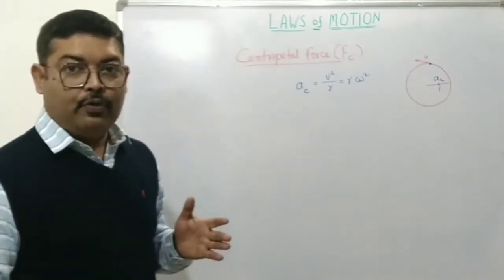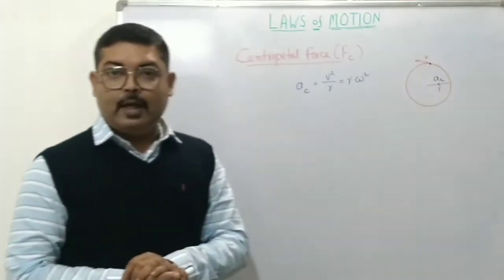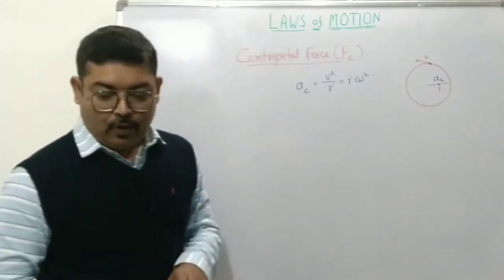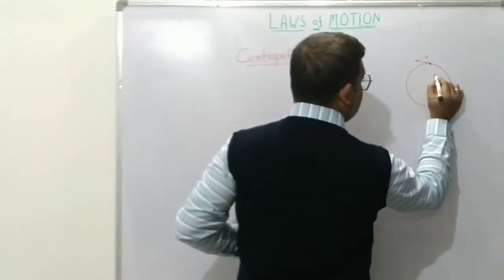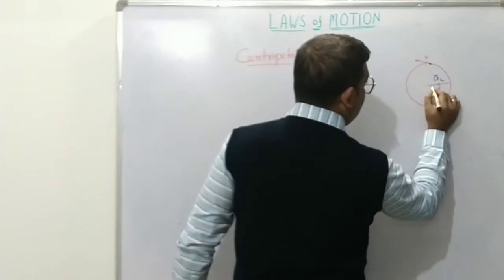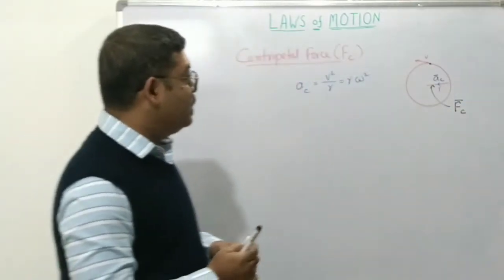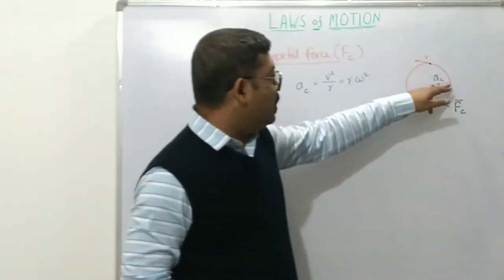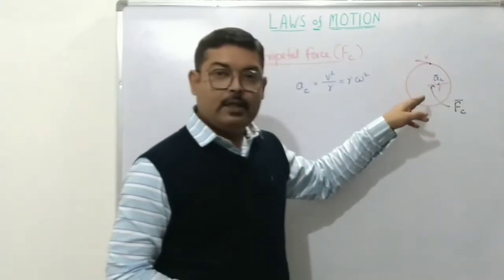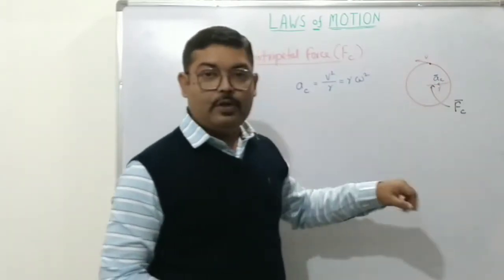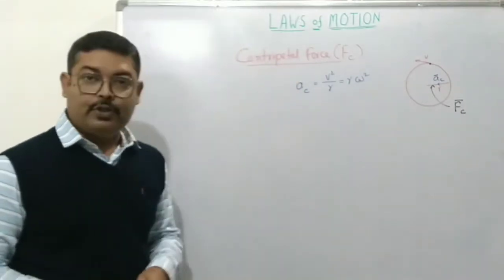So there should be a force acting on it, and the force's direction and the acceleration's direction have to be the same always, which means there should always be a force in the same direction as the acceleration vector's direction. This force that is necessary to keep the object moving in a circular path, which is always directed along the centripetal acceleration, or in other words always along the radius vector, is known as the centripetal force.